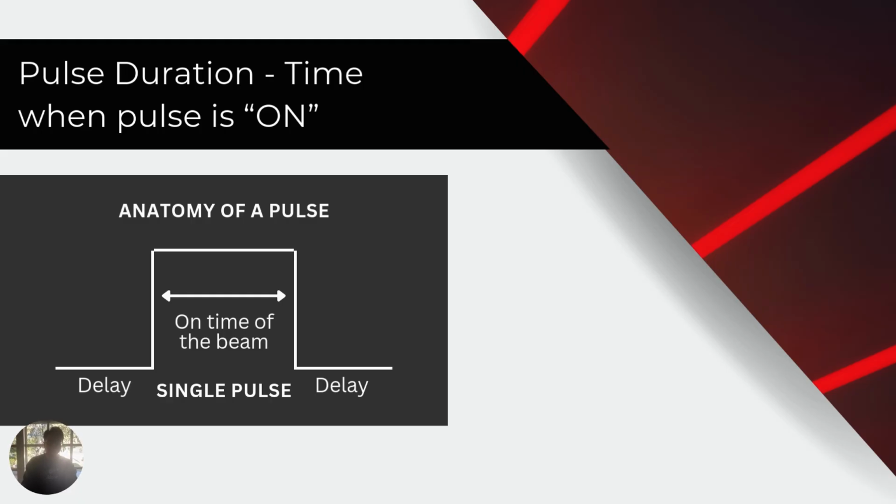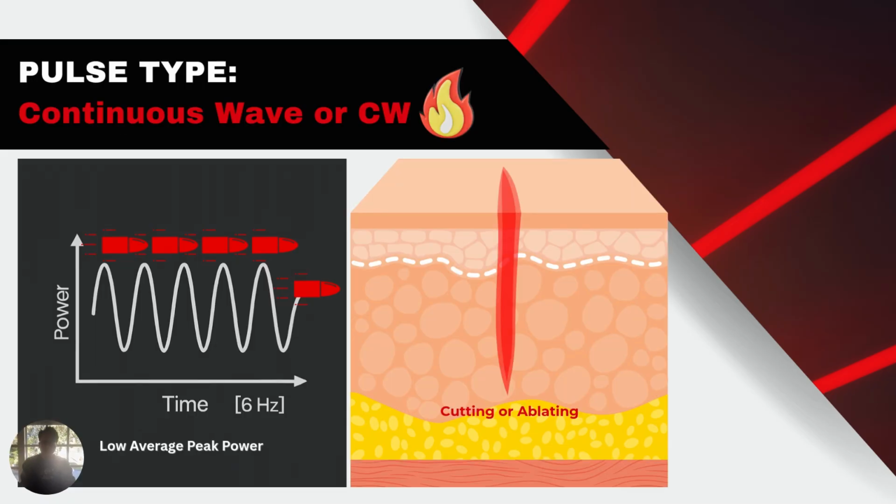Now, let's speak about the pulse. What is a pulse? It's pretty much a wave that has its on time. So you can see the flat area there is when your beam is on, and the delay is your off. Among the pulse types, we have the continuous wave or the CW.